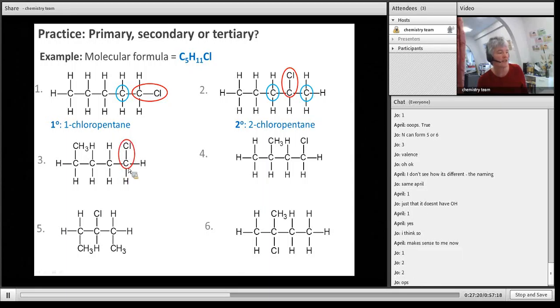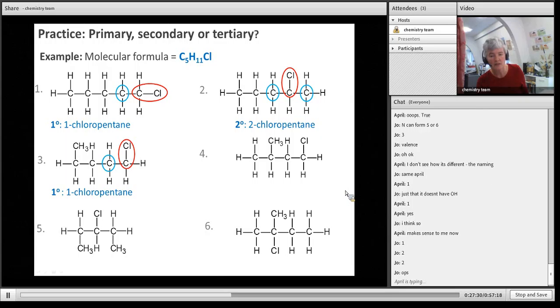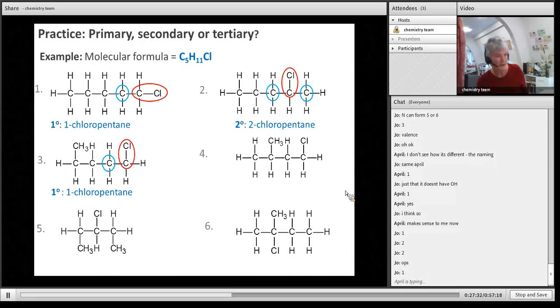Okay, so it's only attached to 1, so it's primary. What about number 4? Primary, secondary, or tertiary? One, correct. Because you look for the functional group. With organic chemistry, you always look for the functional group because that gives its reactivity. And it's only attached to one other carbon, so it's primary.